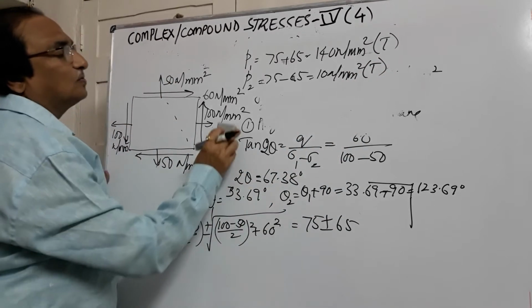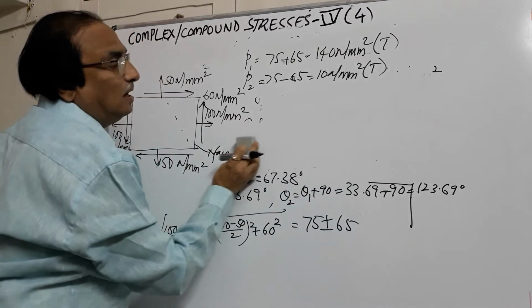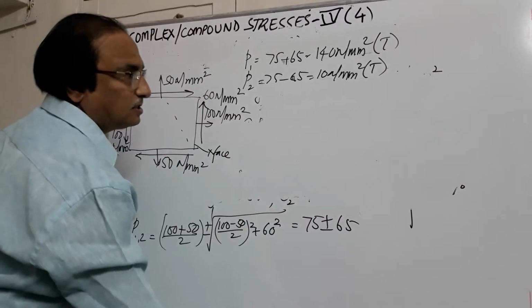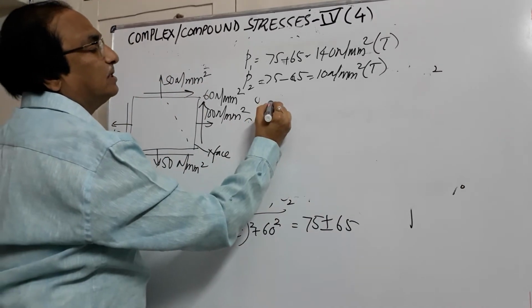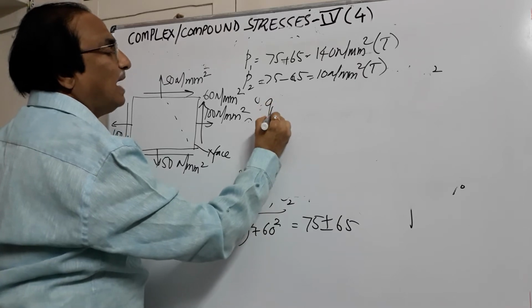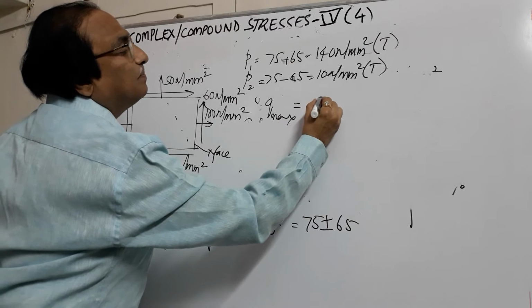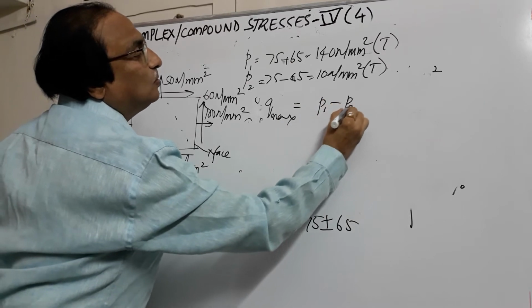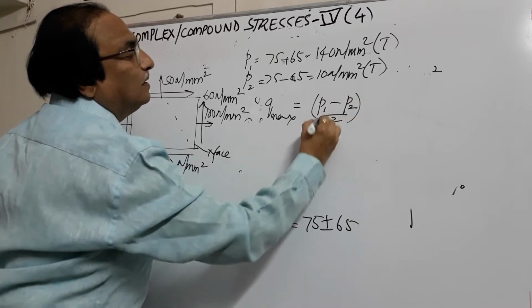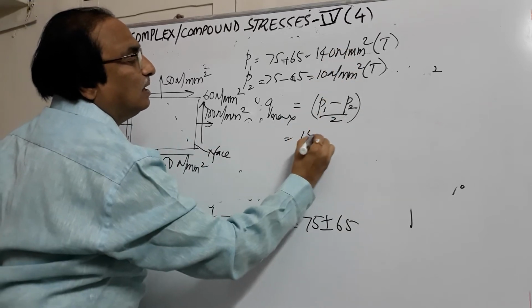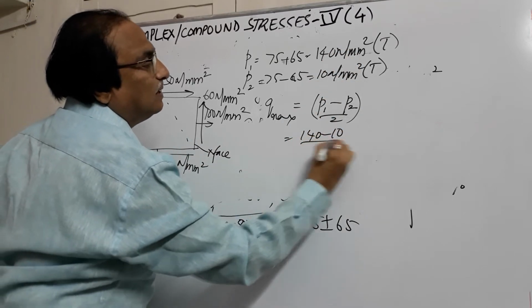We come across one more term, called maximum shear stress. There is a plane where there is only maximum shear stress, which we call Q max, and its value is given by P1 minus P2 divided by 2. Here P1 is 140 minus 10, divided by 2.